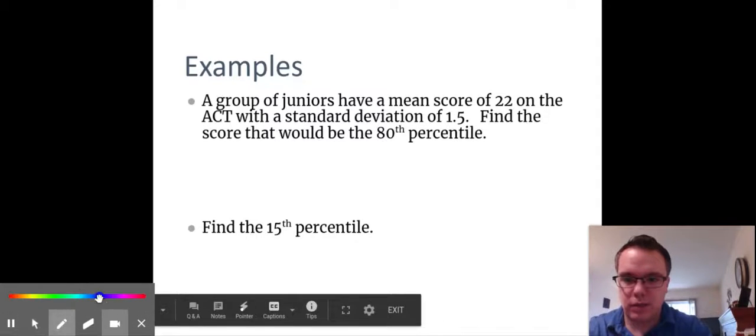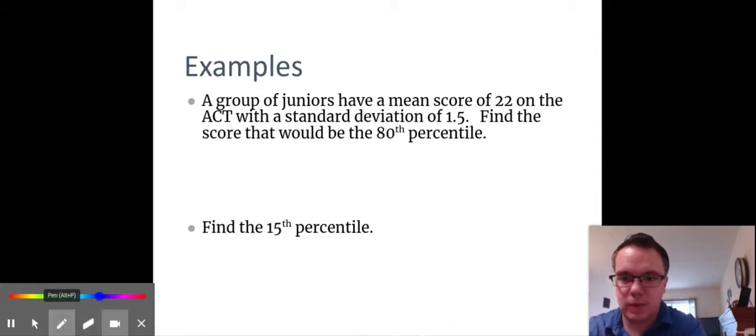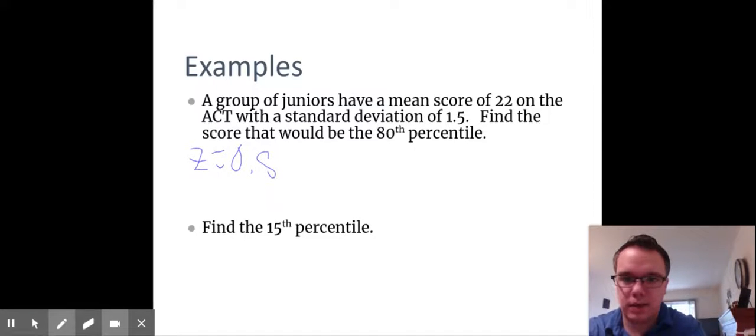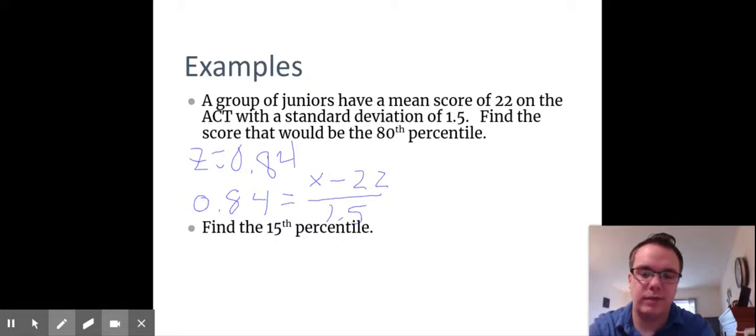It's the z-score that corresponds with 0.84. So if our z-score is 0.84, we're going to plug that into our equation. So 0.84 is going to equal x minus our mean, which is 22, divided by 1.5, our standard deviation.